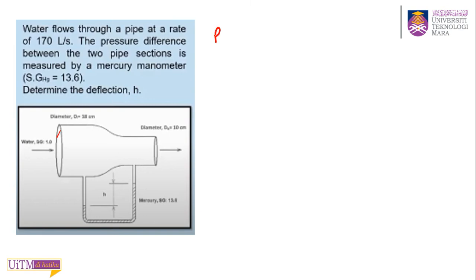Saya tulis balik Bernoulli equation. So P1 over rho G plus Z1 plus V1 squared over 2G equal to P2 over rho G plus Z2 plus V2 squared over 2G.